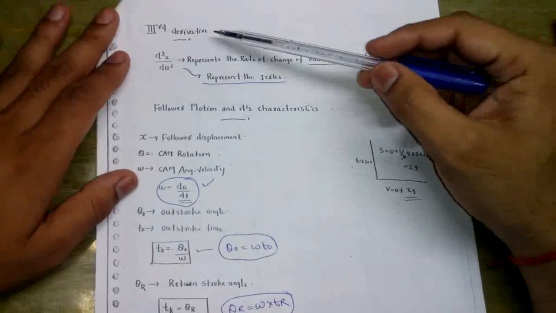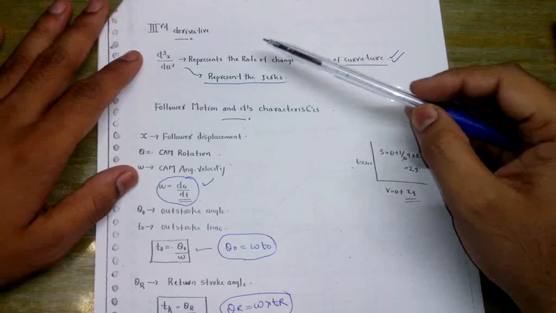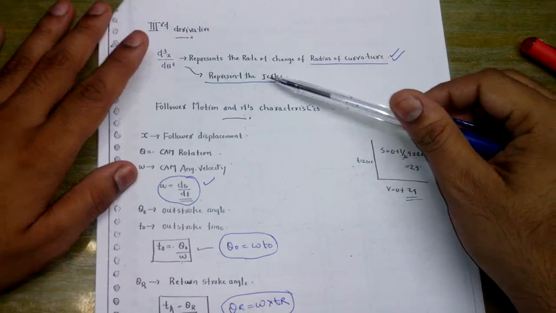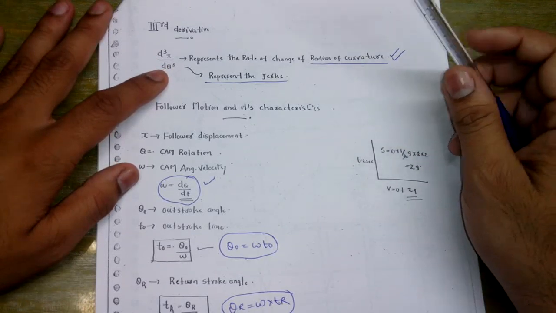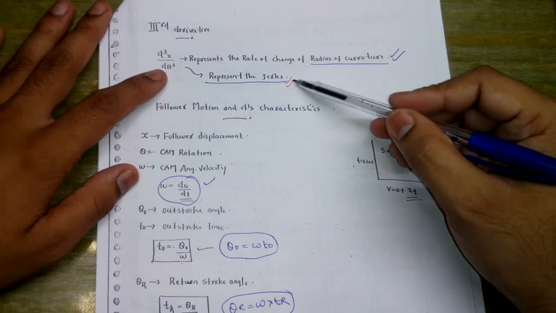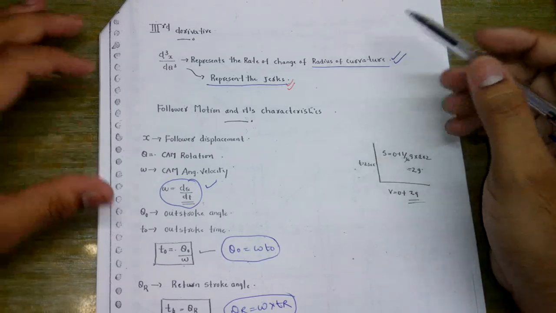And now we come to the third derivative, that is d cube x upon d theta cube, and it is representing the rate of change of radius of the curvature. So d cube x upon d theta cube, it is actually representing the jerk that I have already told you in the first lecture of theory of machines when we were discussing about kinematics and dynamics.